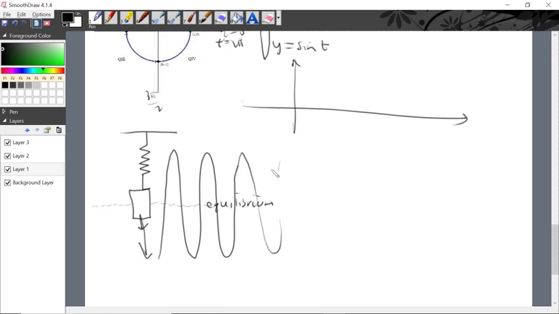Now, if we were to start collecting position information for the weight, when it was at equilibrium and starting to go up, we would trace one complete cycle. It goes up, and then it comes down, and then it goes up again.